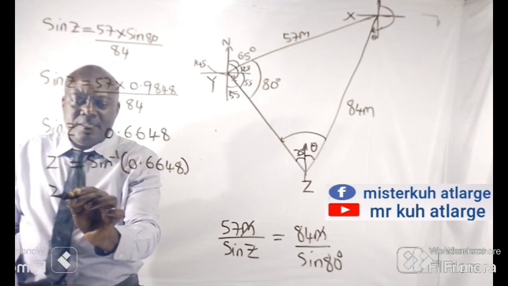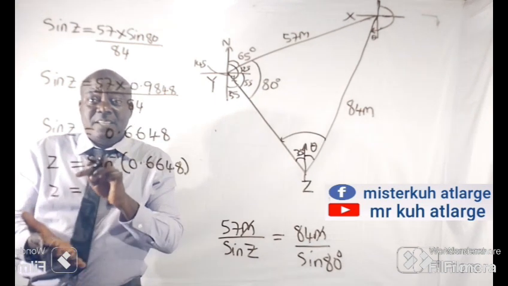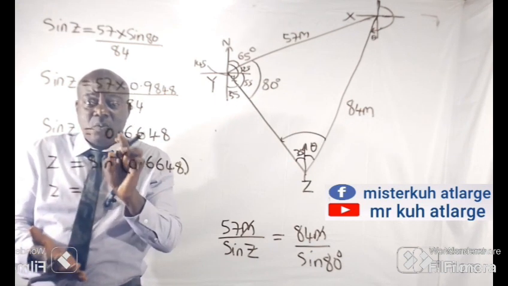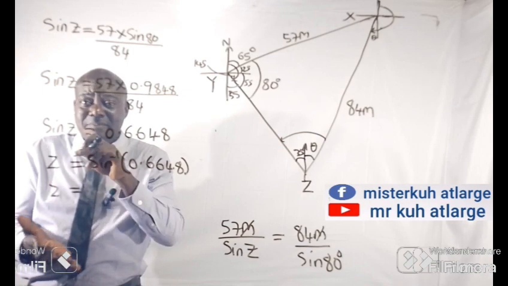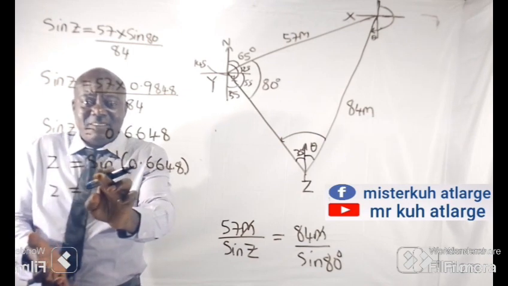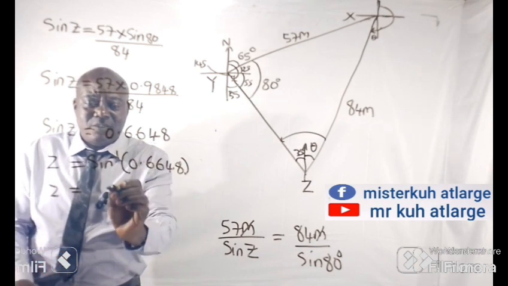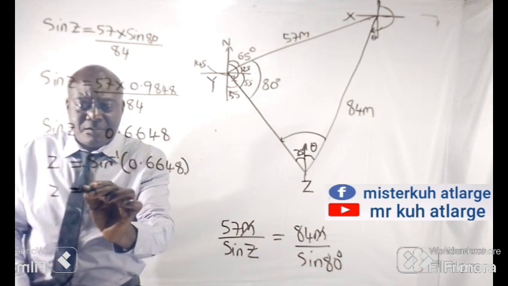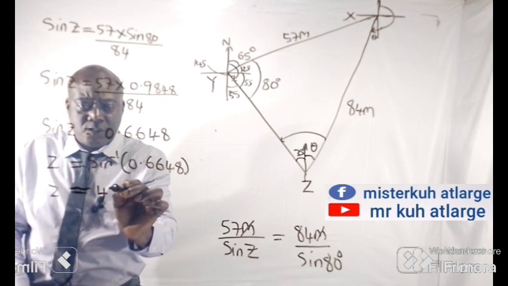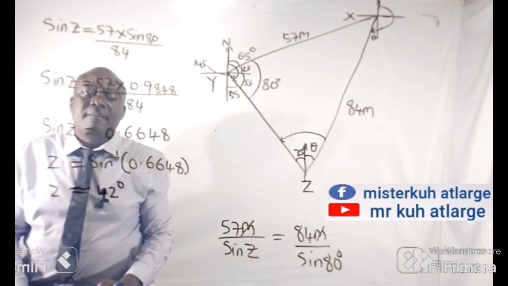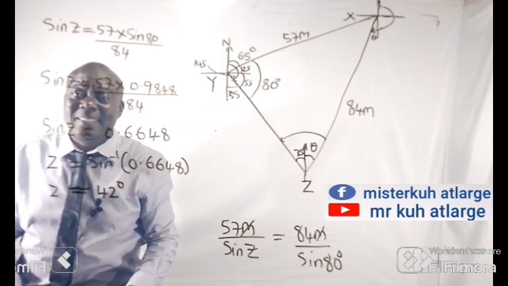So now use the calculator, press second function or shift, then press sine. This inverse will pop up. So you now input this and your answer will be approximately 42 degrees. That means from here to here is 42 degrees.